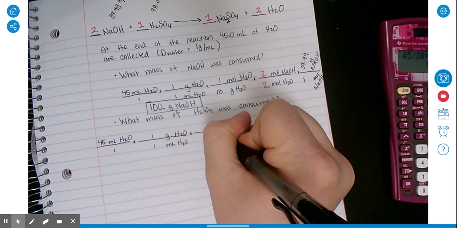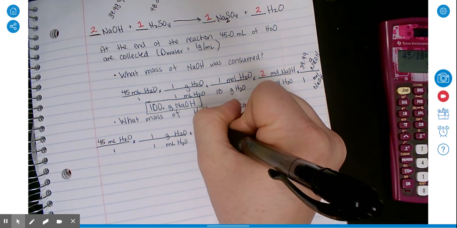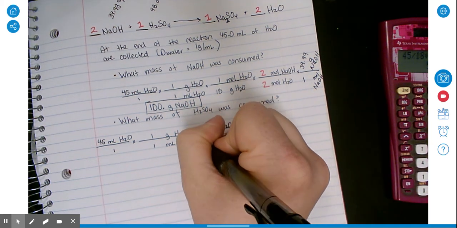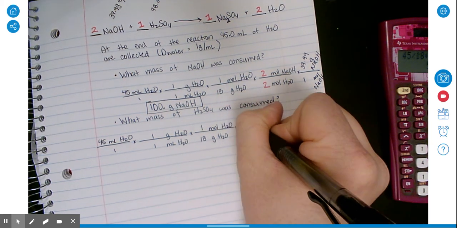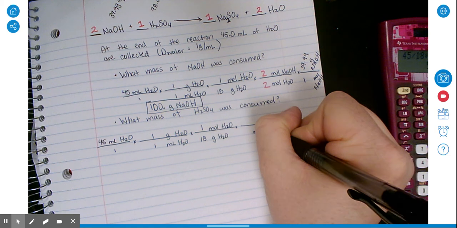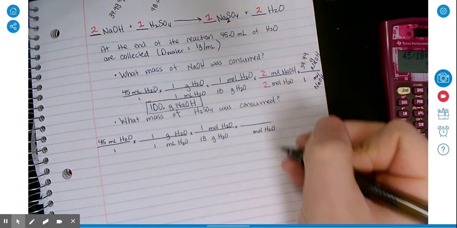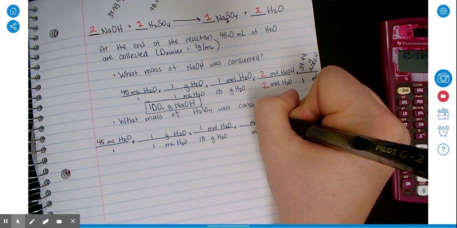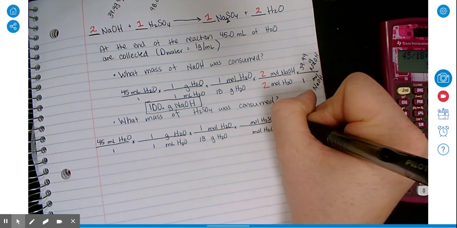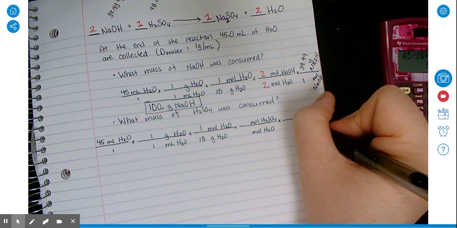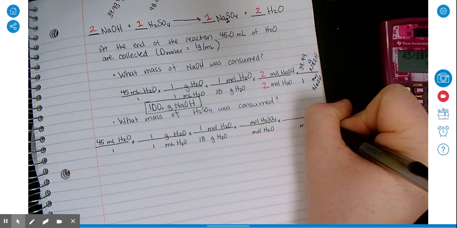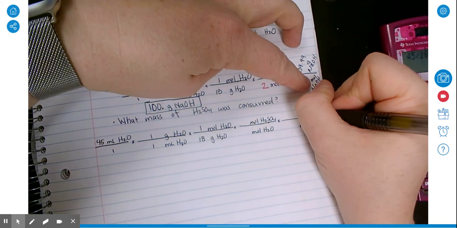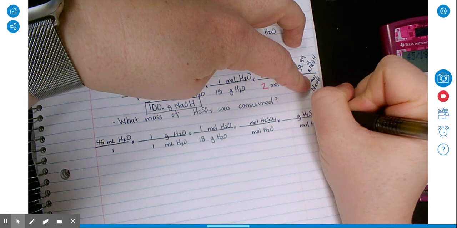From grams of H2O, I can go to moles of H2O using the molar mass. 1 mole contains 18 grams. From moles of H2O, now I'm going to H2SO4. I can go to moles of H2SO4. And from moles of H2SO4, I can go to grams of H2SO4.